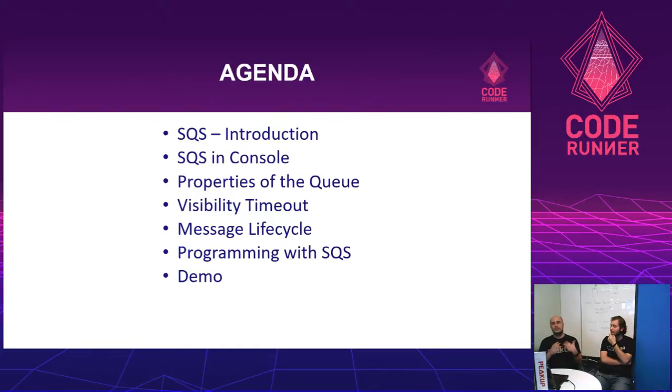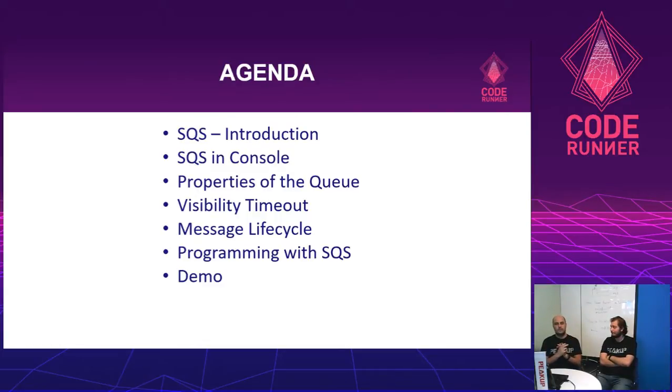Then there is a concept called visibility timeout, which we will explain for a queue, along with the message lifecycle. The last part is how to program Simple Queue Service: how to list queues and send a message using C# in our .NET environment.